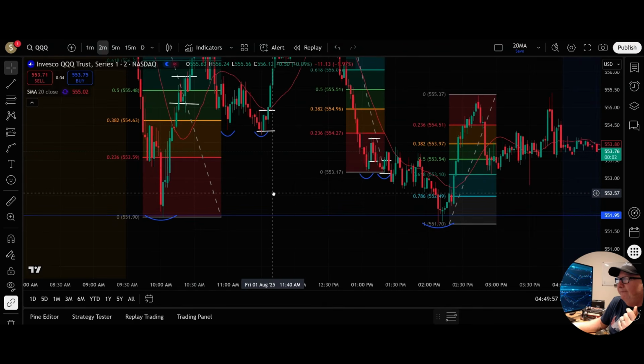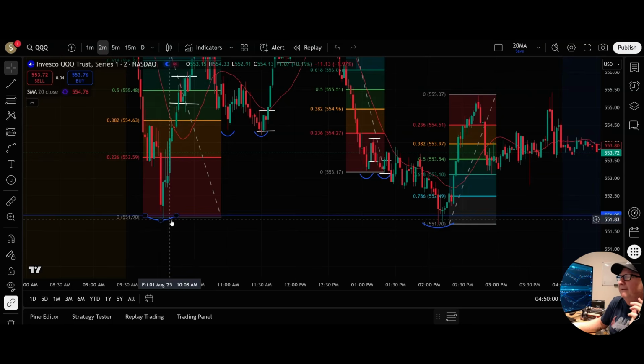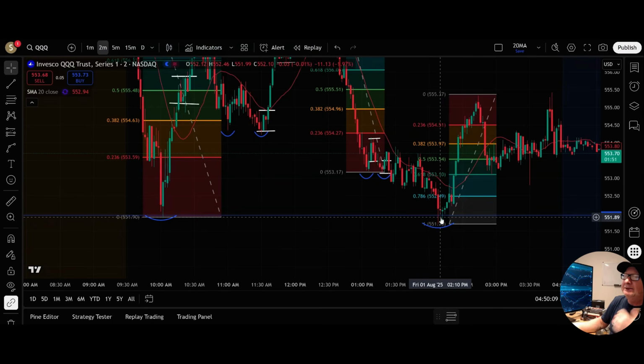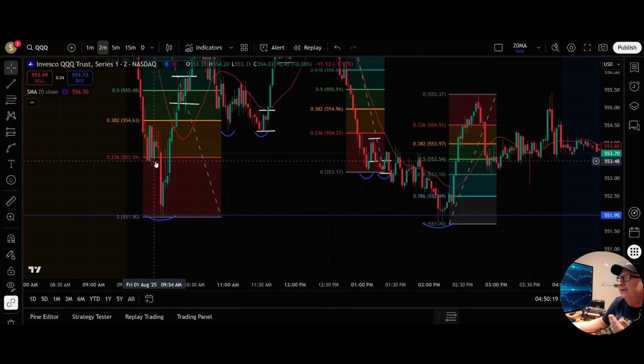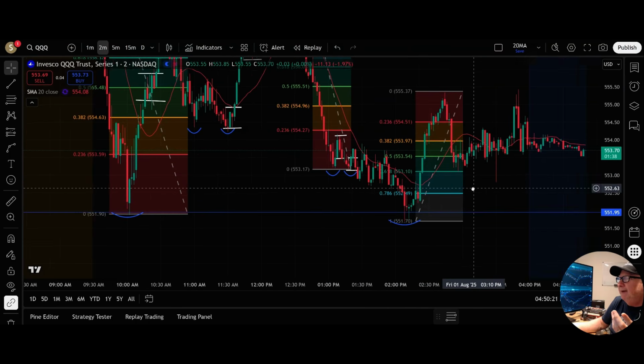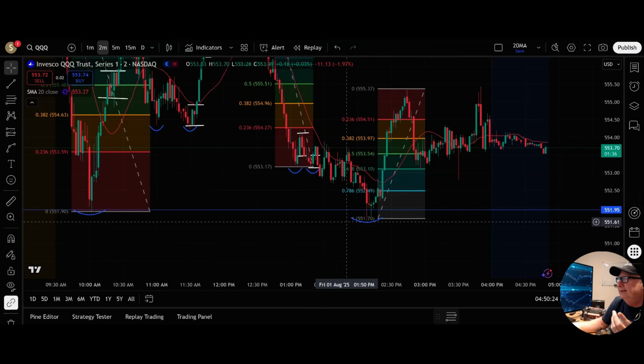Again, this is the 15-minute support going back several days, right? And we get another double bottom at that 552 area, which I had identified as an important area for my trading very early this morning, right? Around just after 9:45. So the double bottom is now in place here.